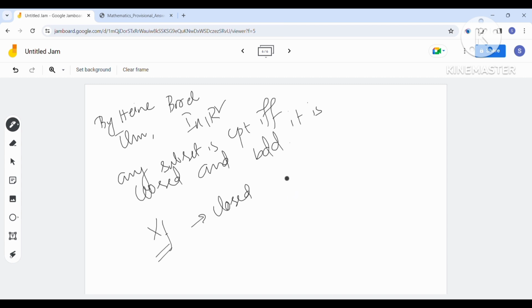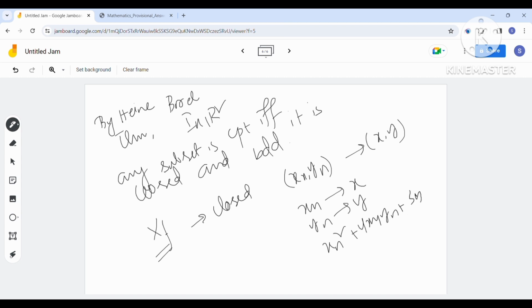This set is obviously closed because whenever you take a sequence xn, yn that converges to x, y, that means xn converges to x, yn converges to y, then xn square plus 4xn yn plus 3yn square obviously converges to x square plus 4xy plus 3y square since they are polynomials. And if xn, yn comes from the set, then xn square plus 4xn yn plus 3yn square is always 1.